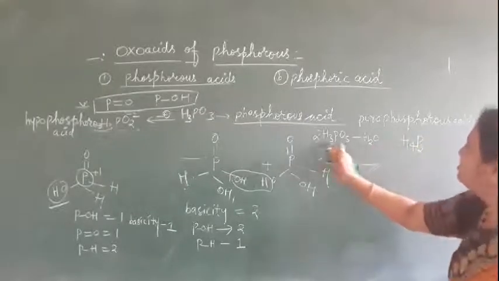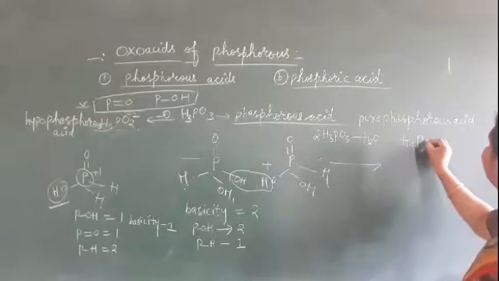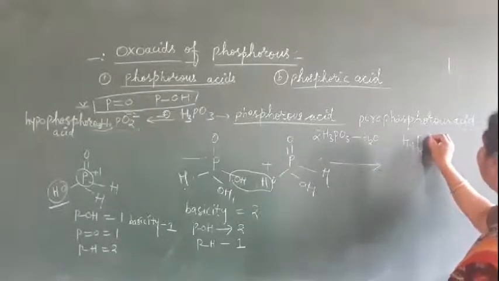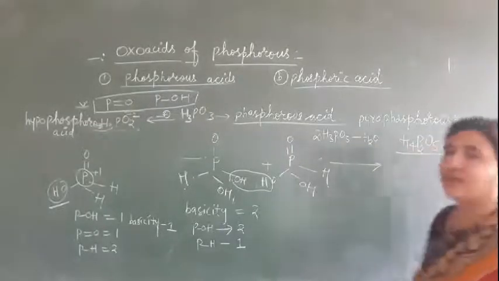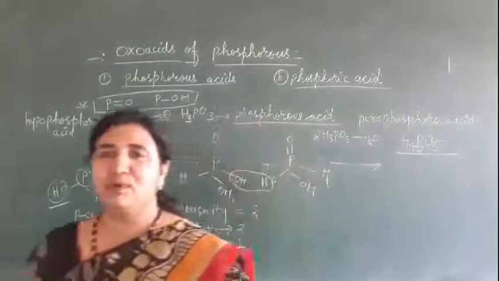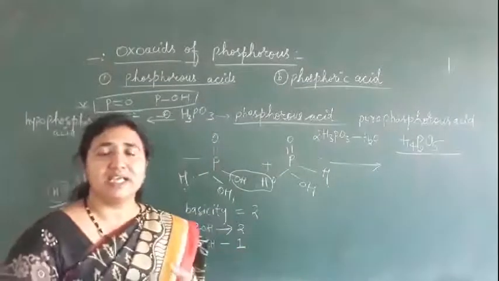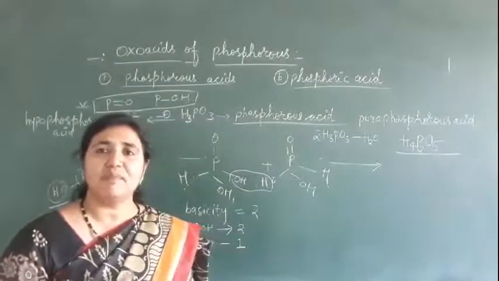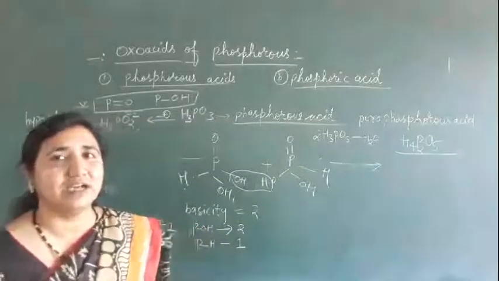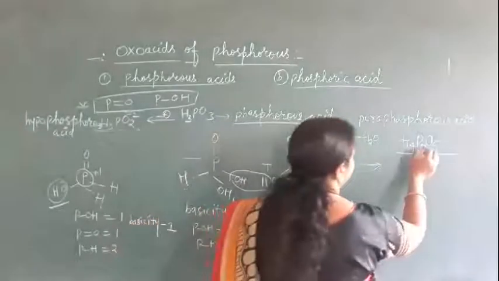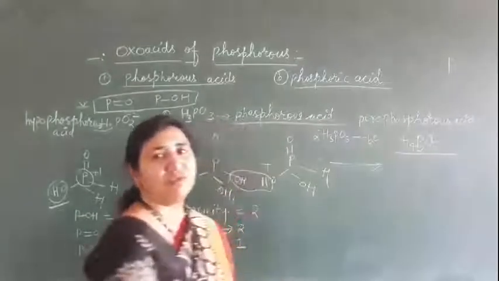H4P2, 3 2s are 6, 1 oxygen less, so it is 5. H4P2O5. The formula will be H4P2O5. This H4P2O5 is pyrophosphorus acid. Okay.